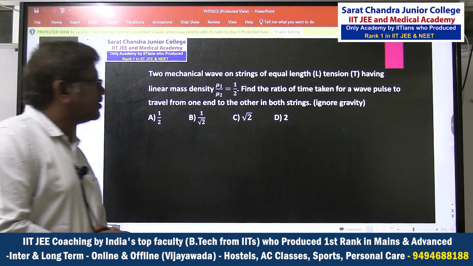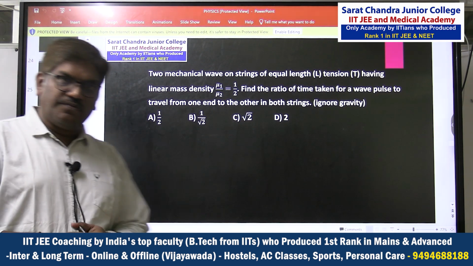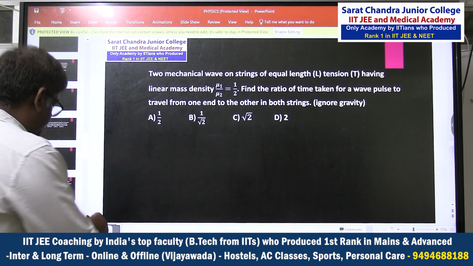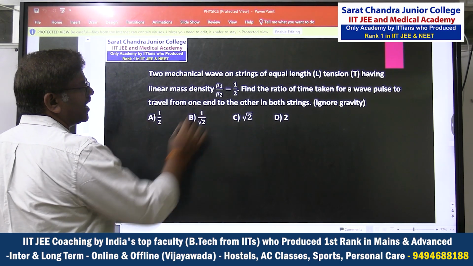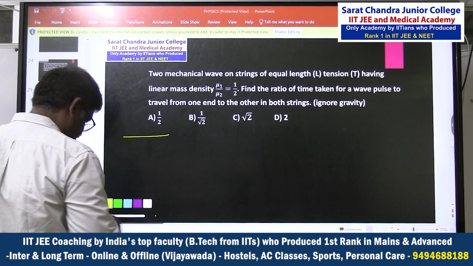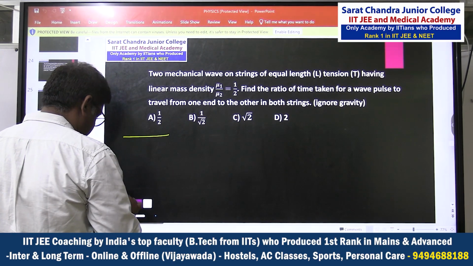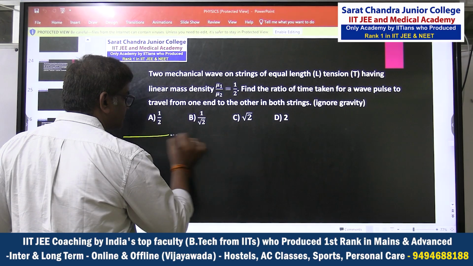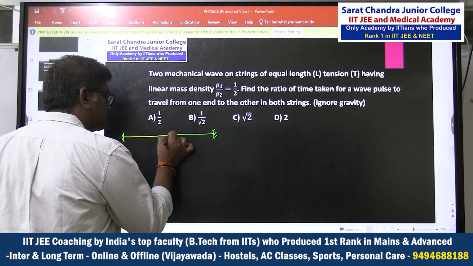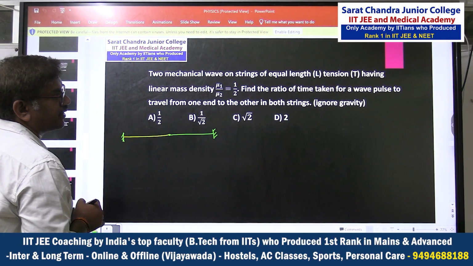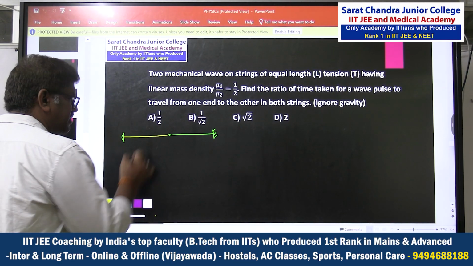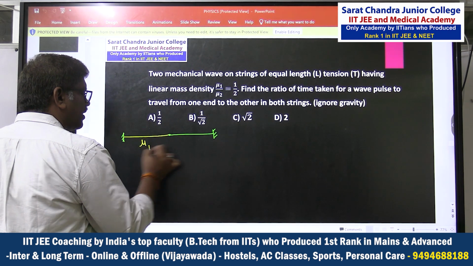Okay, so this belongs to wave motion in a string, and this is a combined string. They are saying two mechanical waves of equal length are joined together, having linear mass densities mu1 and mu2.